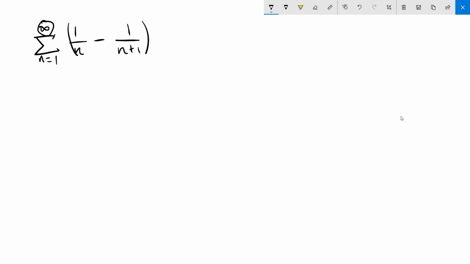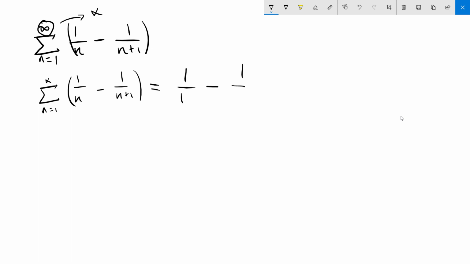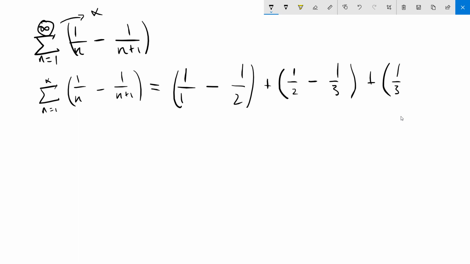So we'll call this alpha. What we first want to find is the sum as n goes from 1 to alpha of 1 over n minus 1 over n plus 1. Let's write this out term for term. This would give us 1 over 1 minus 1 over 2, plus our second term, 1 over 2 minus 1 over 3, plus one more, just to make it really obvious, 1 over 3 minus 1 over 4.